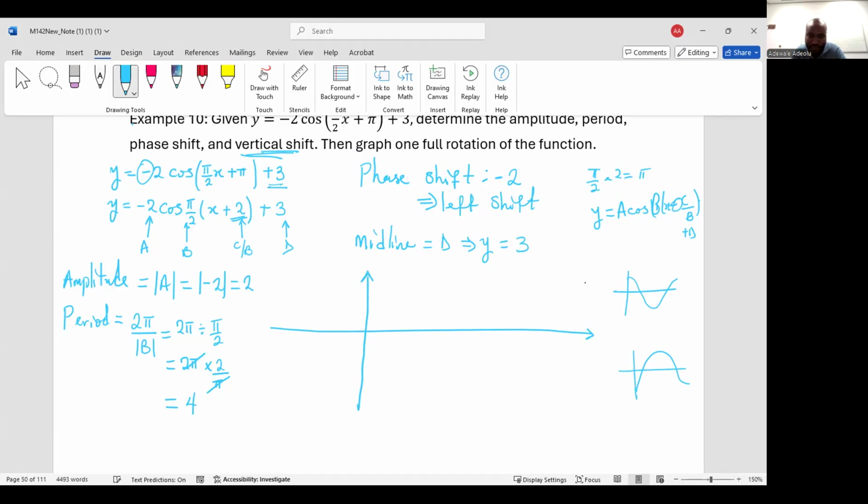The first thing you need to do is the midline. Our midline is 3. Let me make this line here longer. Let me say this is 1, 2, 3.